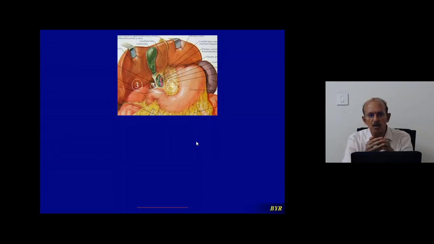To prevent that flow of fluid all around, the greater omentum, which is nearby, comes and wraps around the gallbladder, so that all the fluid will be loculated within the greater omentum. It won't spread outside. The spreading peritonitis is not because of simple irritation. It is because of inflammatory exudates secreted by the inflamed and infected gallbladder.